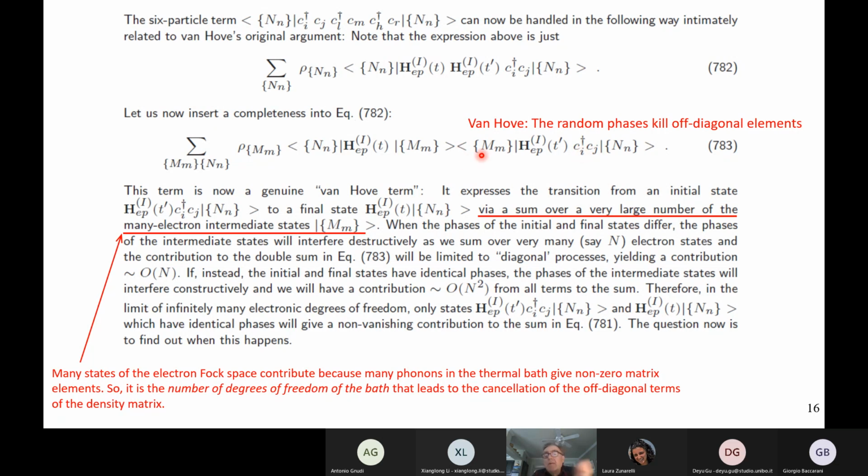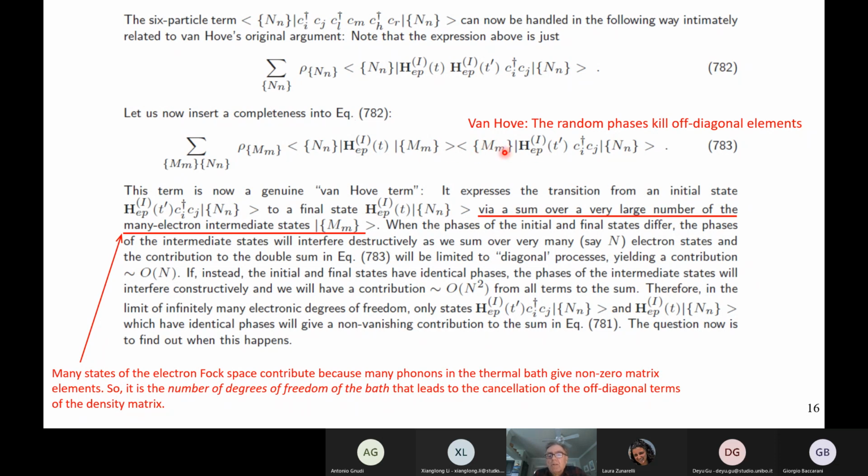Instead, they will give me whatever phases I have, a random number of phases when i and j are different. Therefore, the sum essentially can be limited to the case in which i and j are the same. If you wish, physically it means that I'm interacting with so many phonons outside. Remember, the number of phonons enters here because if I had only one phonon, there would be only one element, M sum m, which gives you a non-zero matrix element.